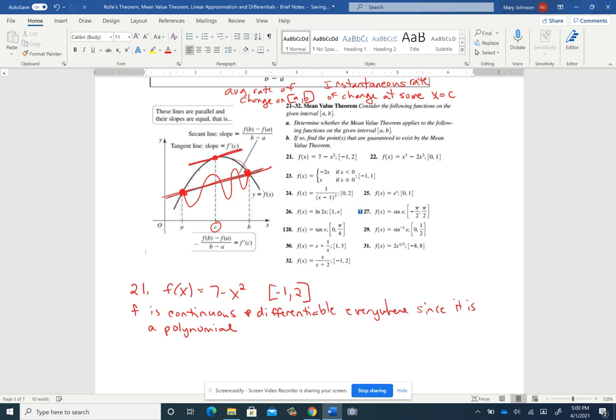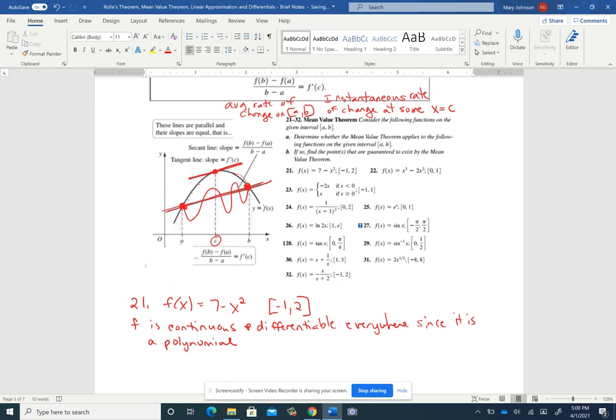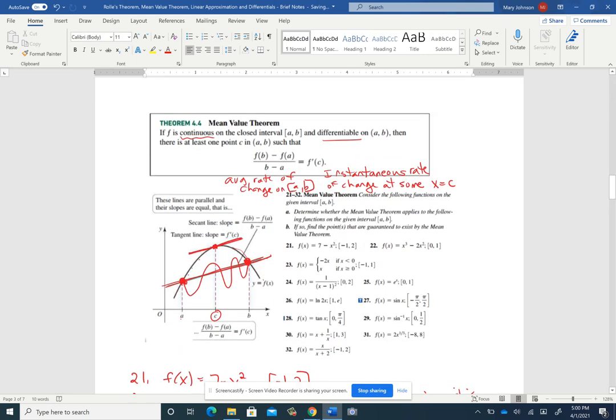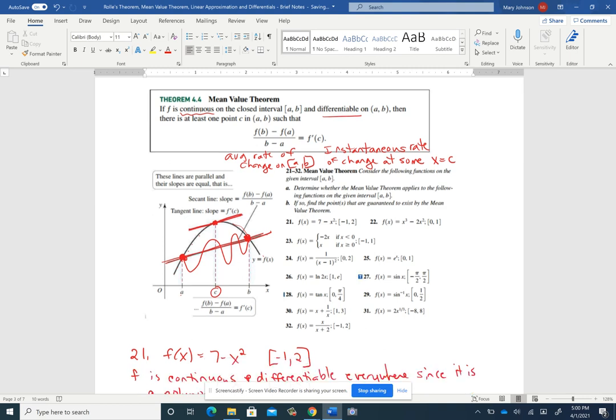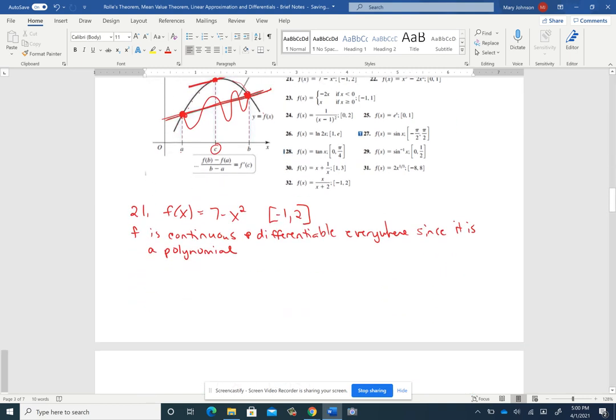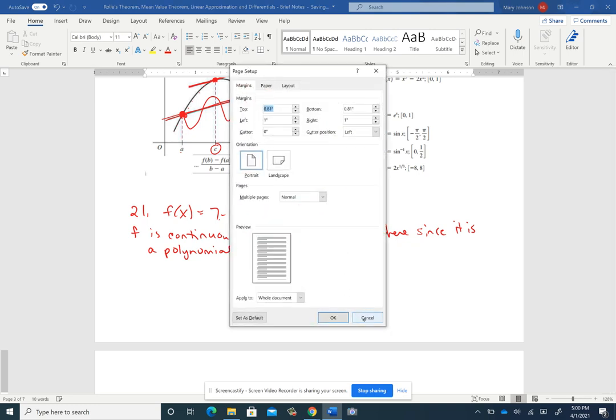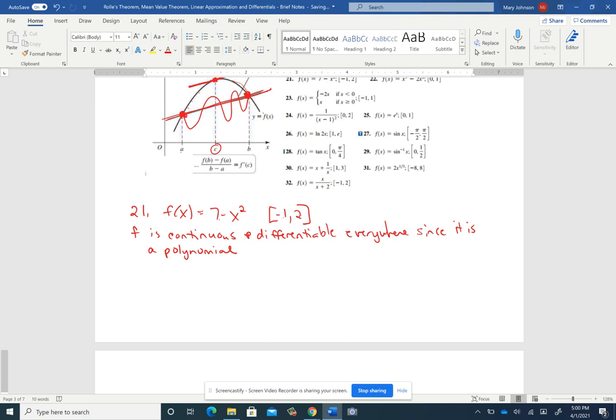So it meets that first condition. And then see, you don't have the condition that f of a has to equal f of b. You just needed to check that it was continuous and differentiable. And if so, we know if we were to do the average rate of change on this interval from -1 to 2, we could find a point where the average rate of change equaled the instantaneous rate of change.